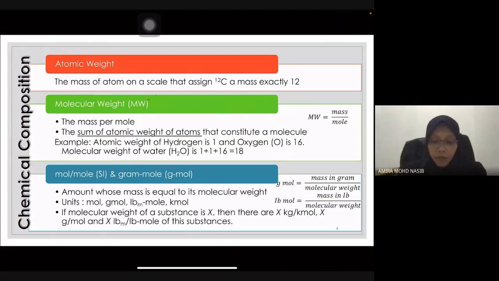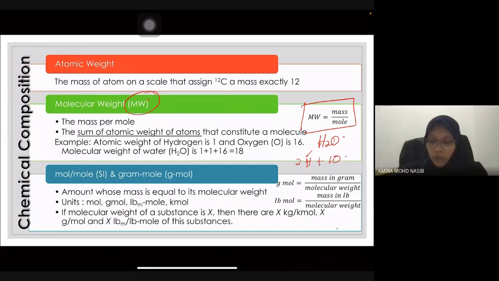Alright, and then molecular weight. What is molecular weight? It is a mass per mole. This is the equation where it is the sum of the atomic weights of the atoms that constitute the molecule. So let's say you have H2O. You have 2 hydrogen plus 1 oxygen.